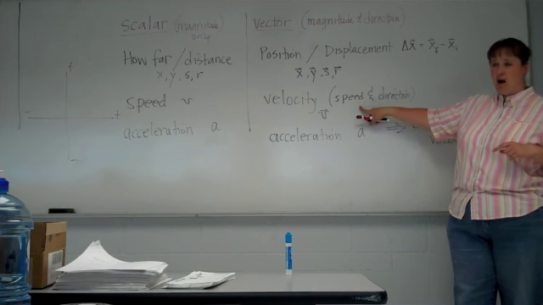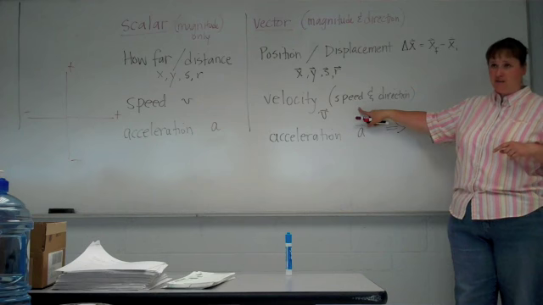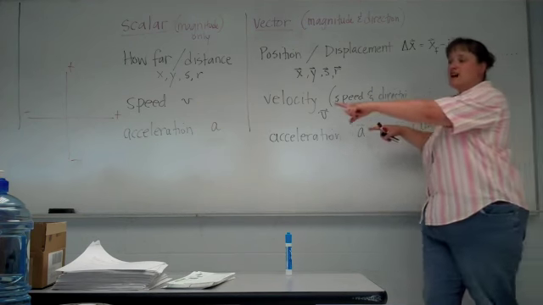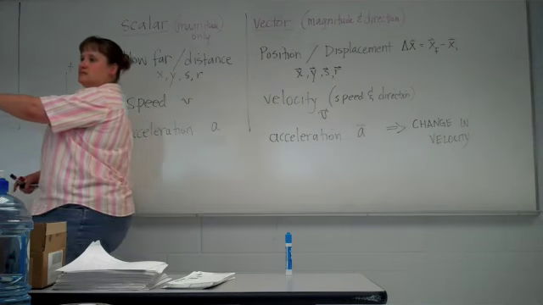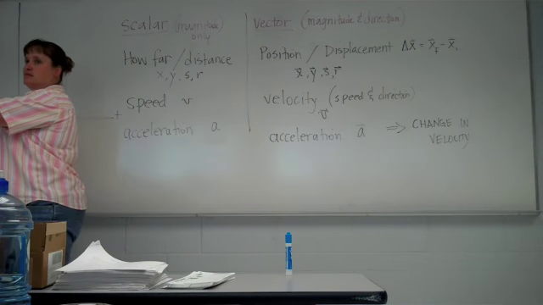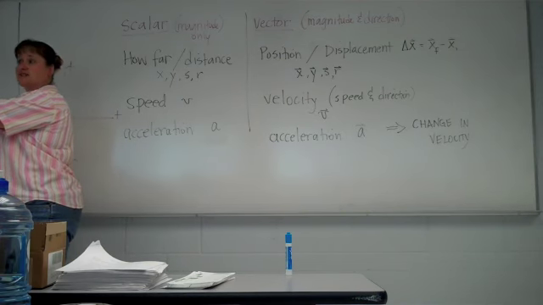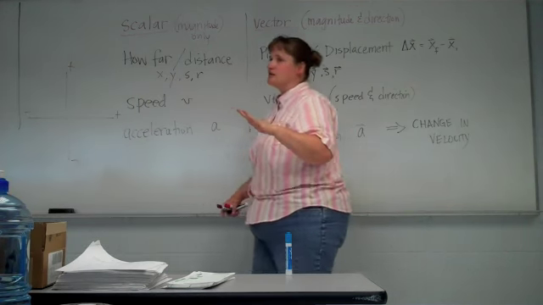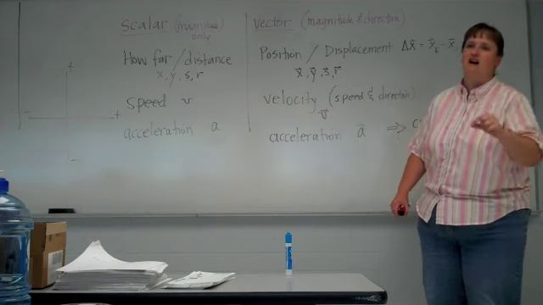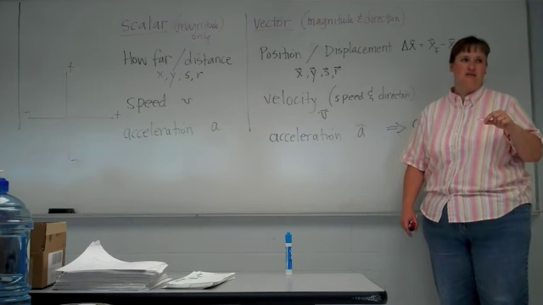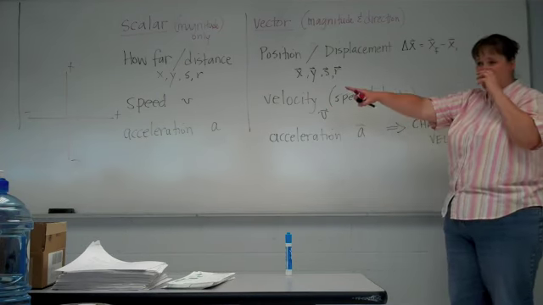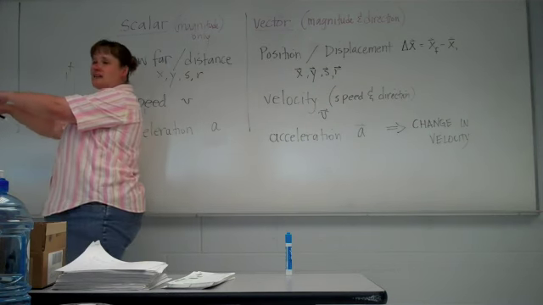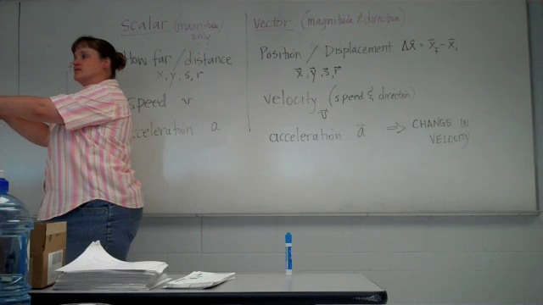If your velocity is positive and you're speeding up, your acceleration will also be positive. What if my velocity is negative and I'm speeding up? My acceleration is negative. I know that seems really counterintuitive. Negative acceleration does not necessarily mean slowing down. If my velocity is negative and I'm speeding up, then my acceleration also has to be negative.